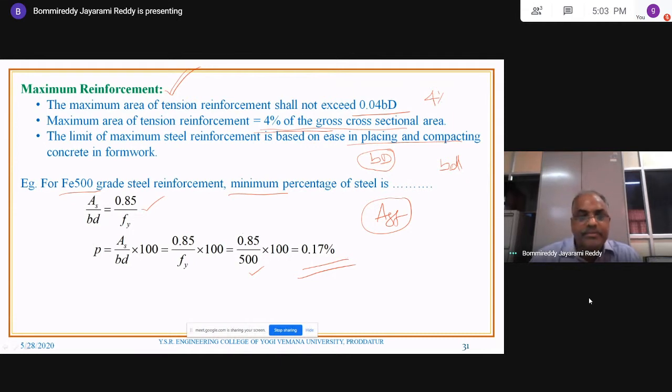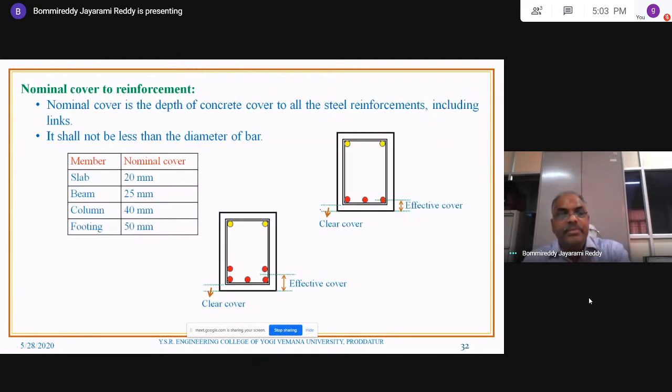Don't learn by heart. Sometimes the question may be for 415, for 250, or for 550 also. So accordingly substitute and get the minimum percentage of steel reinforcement.